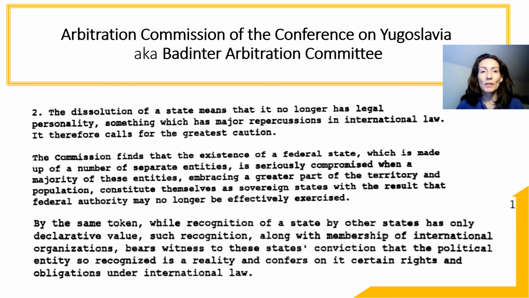The Arbitration Commission also declared that the former Yugoslavia had been dissolved and lacked international personality, and while it was adopting a declaratory approach to recognition, it also acknowledged that recognition involved some rights and duties of the recognized entity.